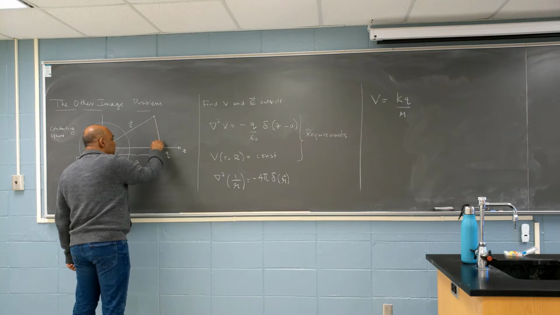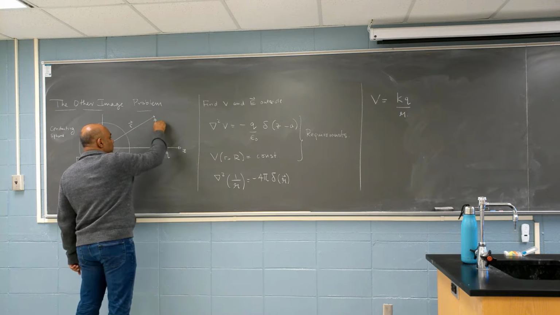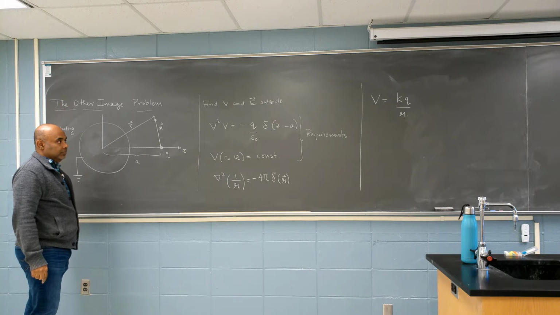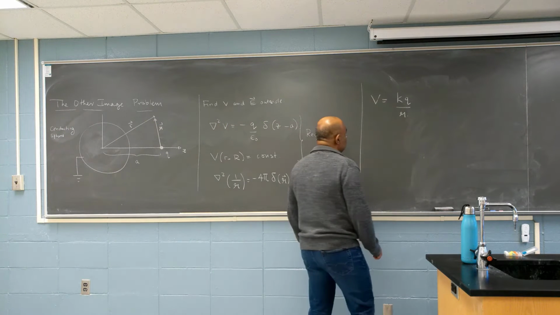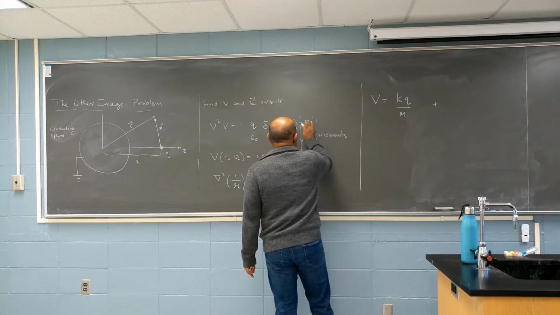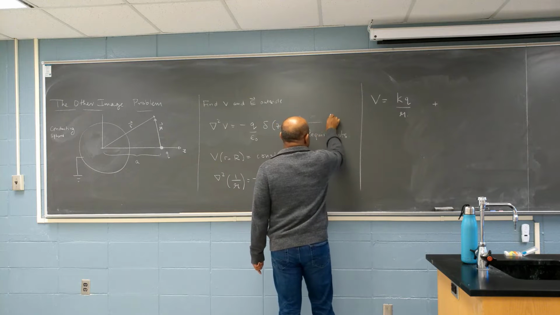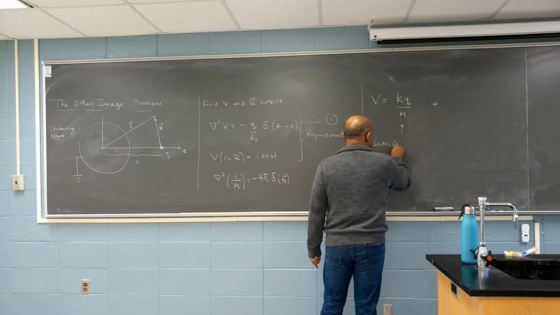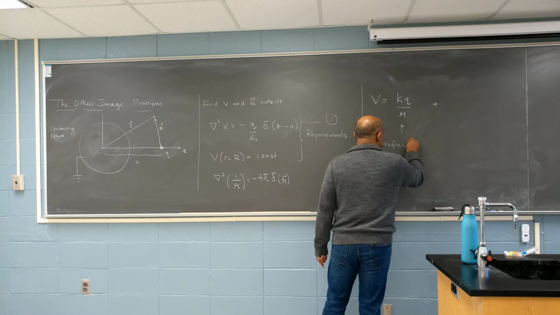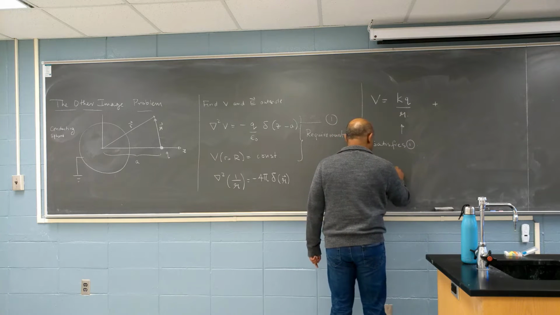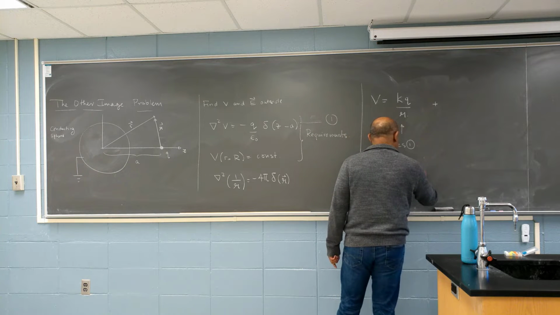I can call this requirement 1. Here, script r is equal to r minus a z hat.